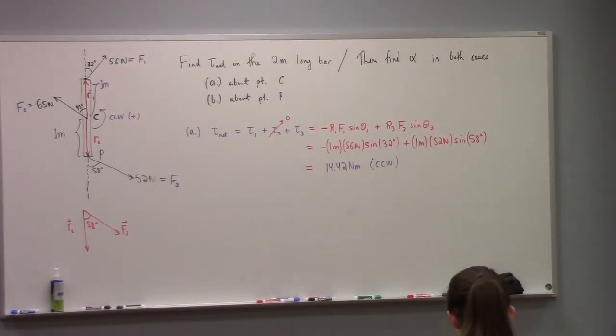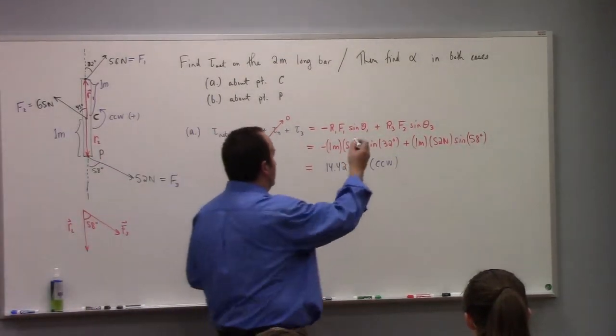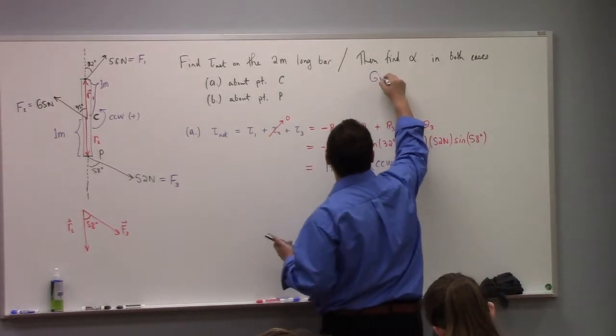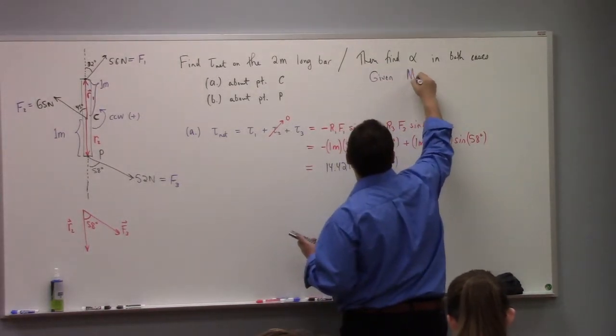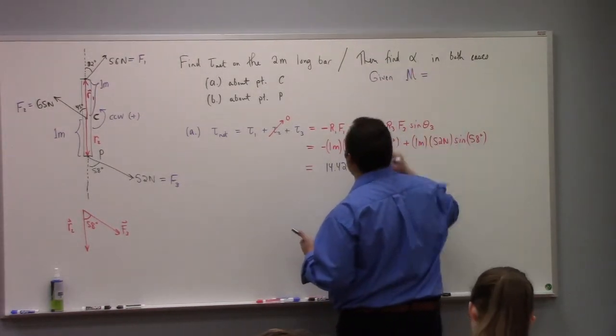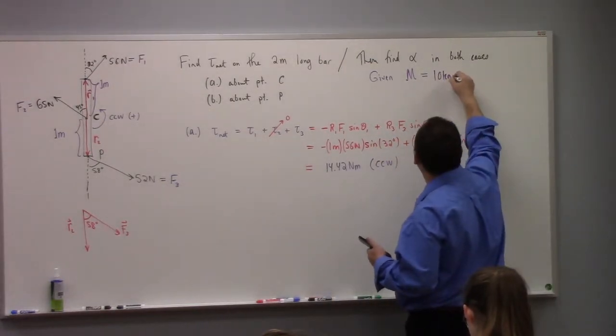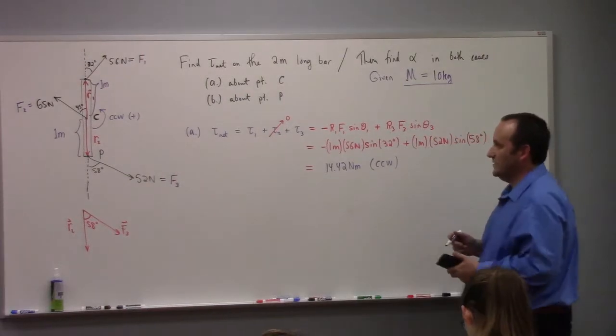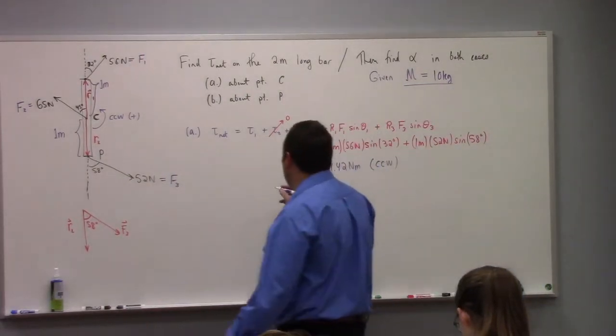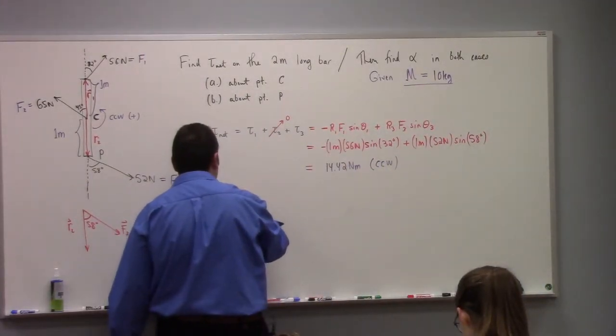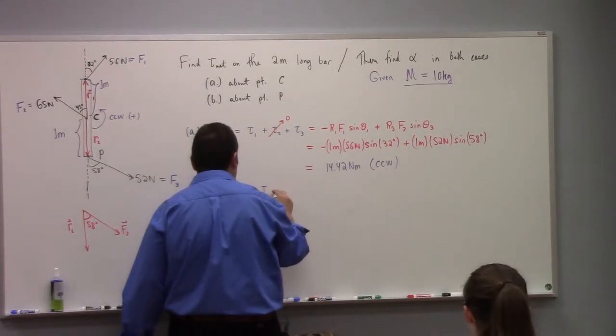About the point C. So to answer my made-up question, find the angular acceleration. How does the angular acceleration relate to the net torque? What do you guys want the mass of the rod to be? I like 10 kilograms. Why not? So we know that the net torque is equal to the moment of inertia times alpha.